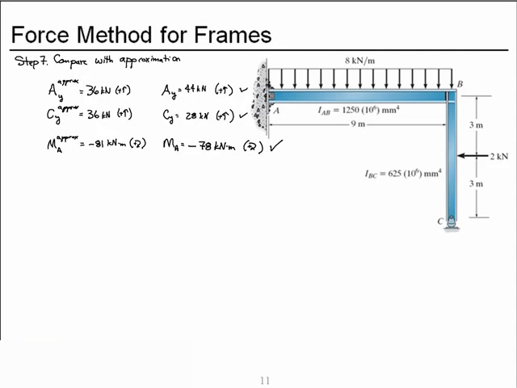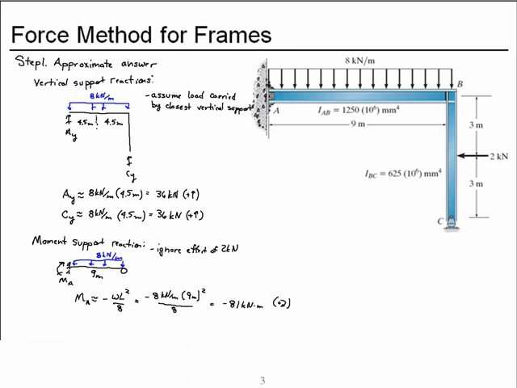Now let's go back and review the process we took. We started by generating an approximate answer so that we would have something to compare our force method results to, in order to ascertain whether they are reasonable or not. And we simply said, let all of the uniform distributed load go to its nearest vertical support reaction.